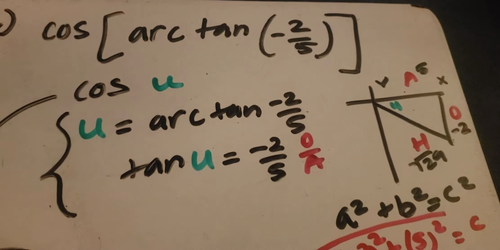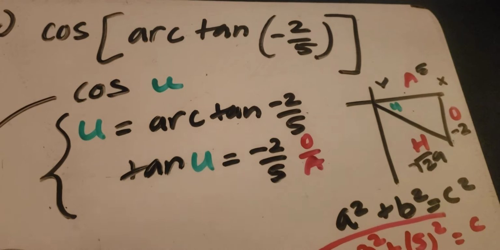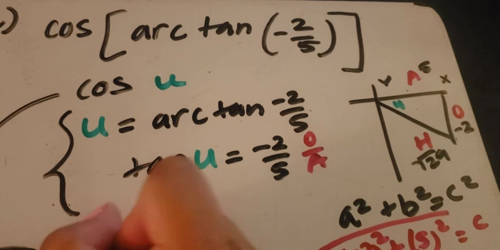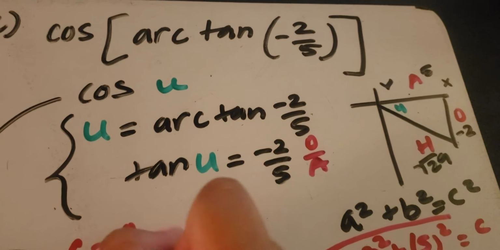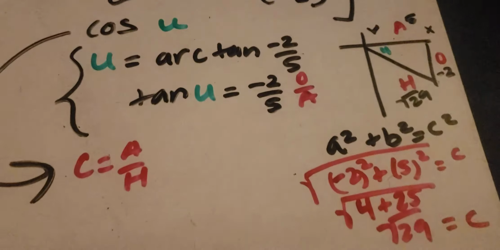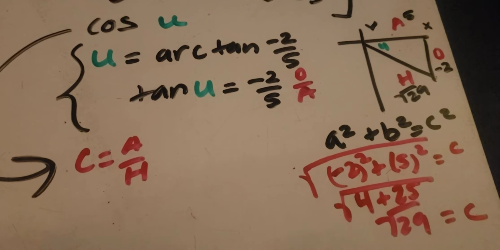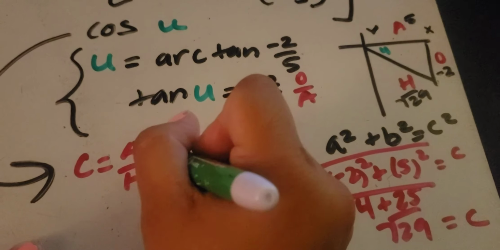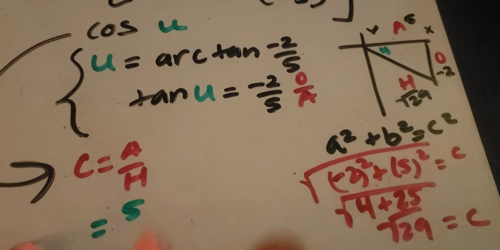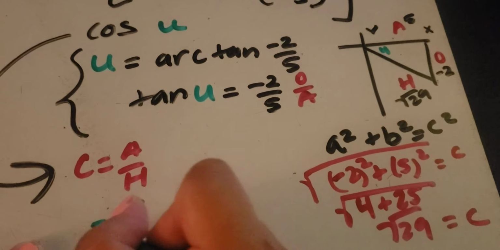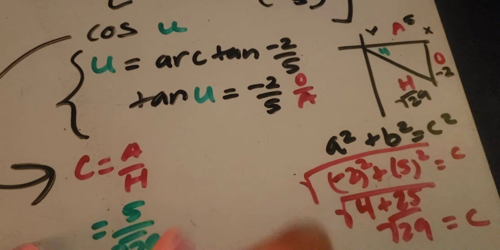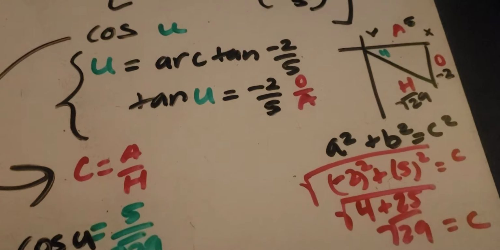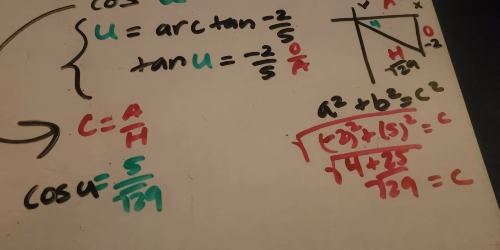So here we go. Cosine, remember, is CAH, which is basically adjacent over hypotenuse, okay? So our adjacent side, if you look, is 5, and our hypotenuse is square root of 29. So cosine of u is 5 over radical 29.